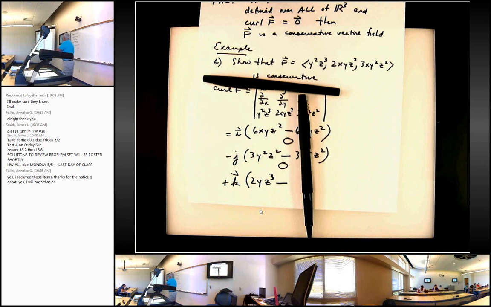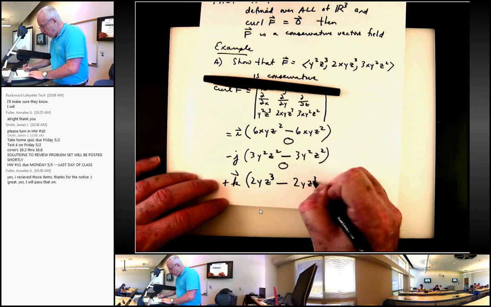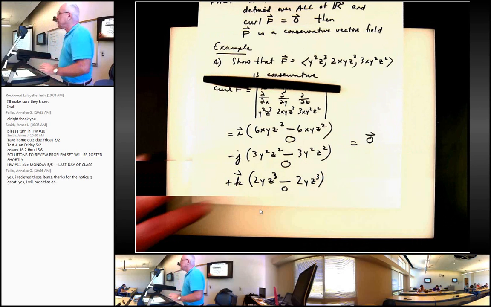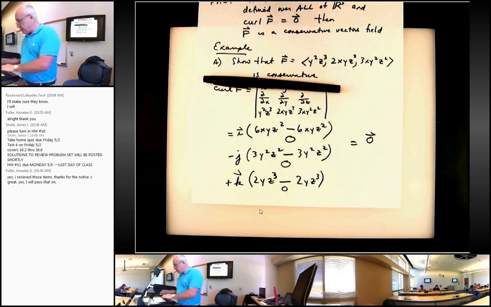Y is my variable, so I get 2y z to the third. Another 0. So therefore, my curl is exactly equal to the 0 vector, so therefore it's conservative.